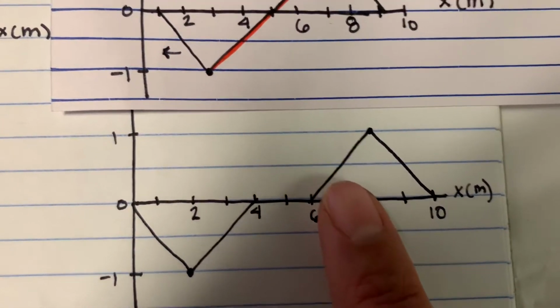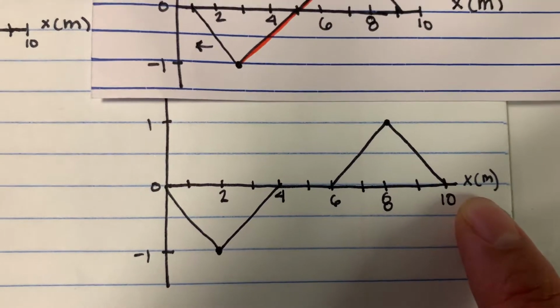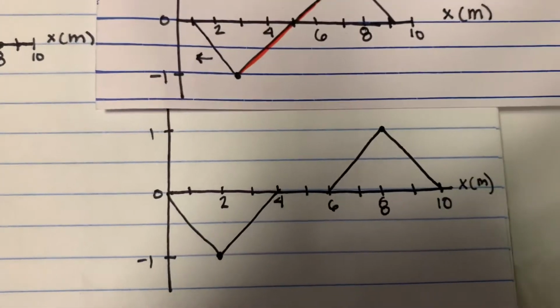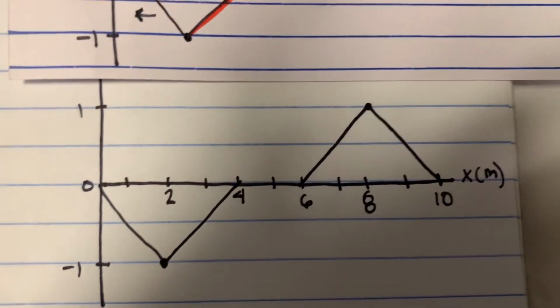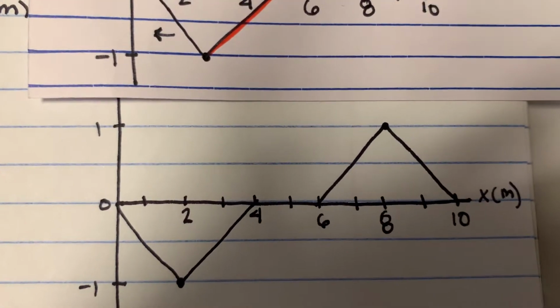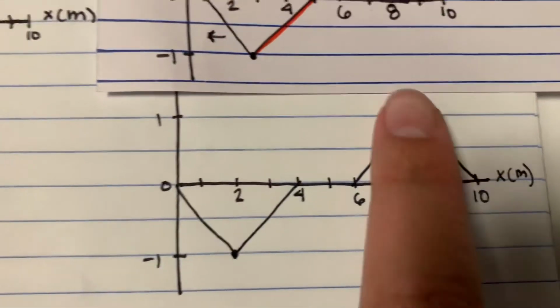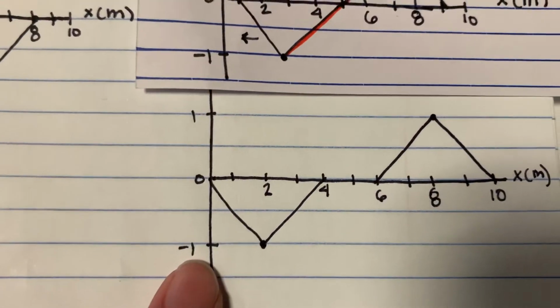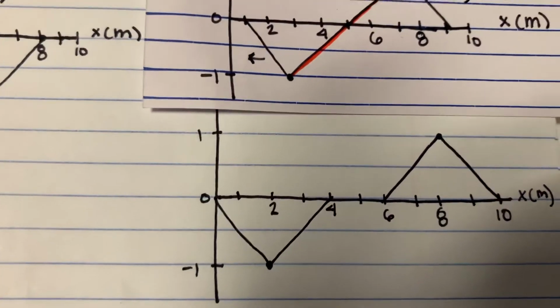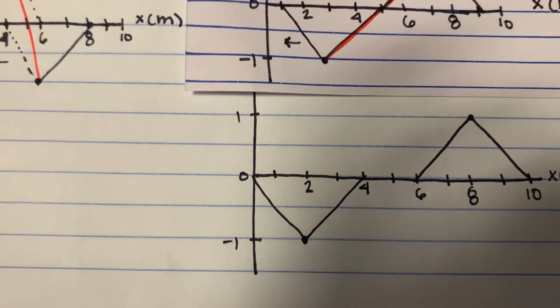So these graphs have completely moved to the right and left at 1 meter per second. And this is showing destructive interference because you have one positive wave, which is up here, and one negative wave. And that's how you would do this problem.